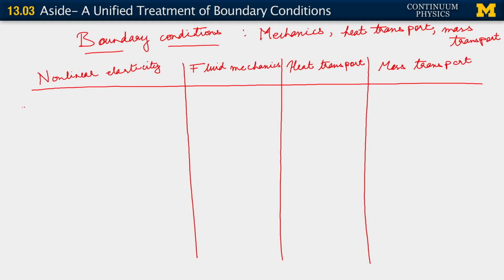Okay, so for nonlinear elasticity, I will write it out in the context of the current configuration. So it was rho, let me see, it was second derivative with respect to time of, oh, let me not do it this way.